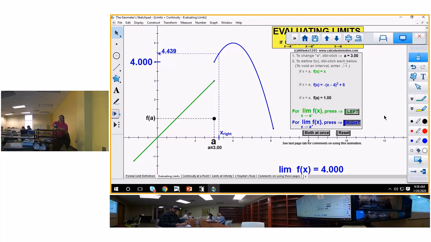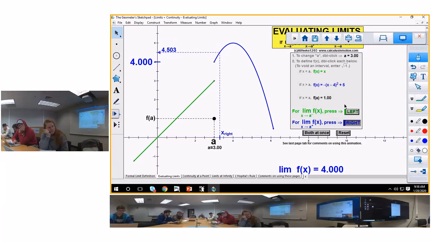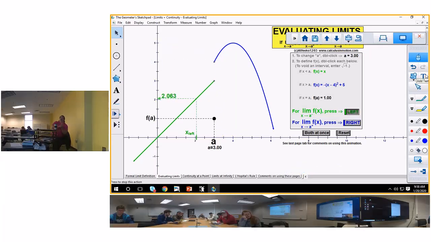All right. So there's your function. You're approaching from the right. So as x approaches 3 from the right, you're approaching 4. As x approaches 3 from the left, you're approaching 3. So this is discontinuous.